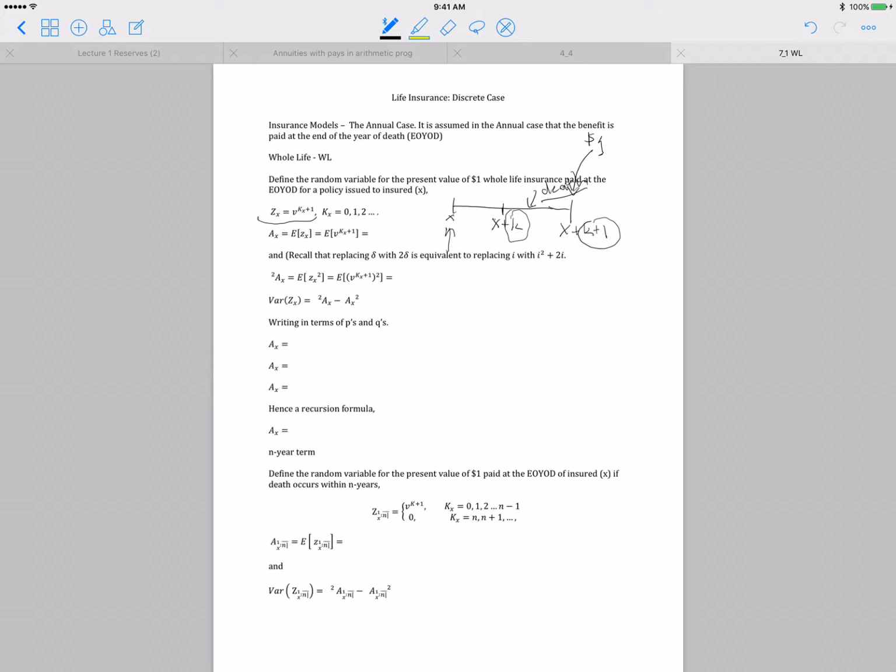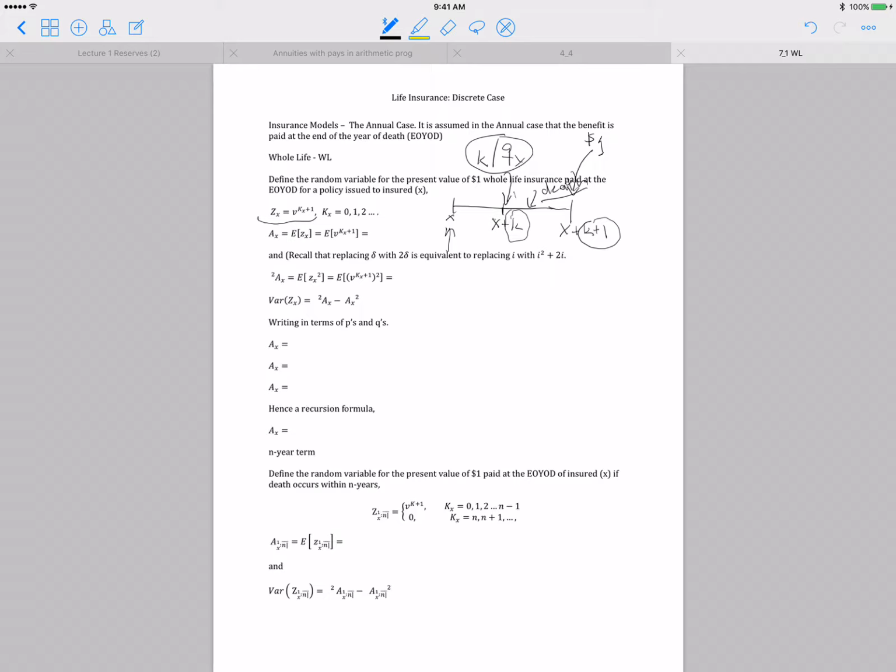Now remember the probability of this being the last future birthday. We denoted that by the curtate probability, and this is a notation for the probability of this being the last birthday. So if I want to take the expected value of the present value random variable, then I need to use those probabilities.